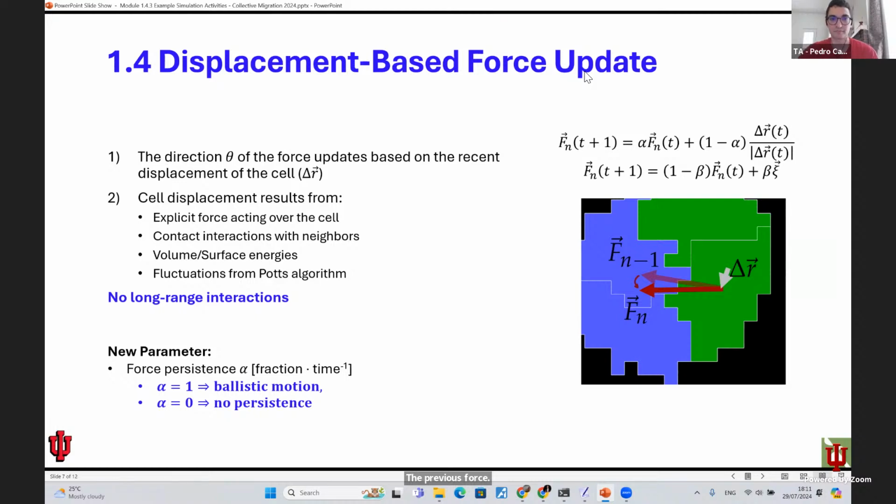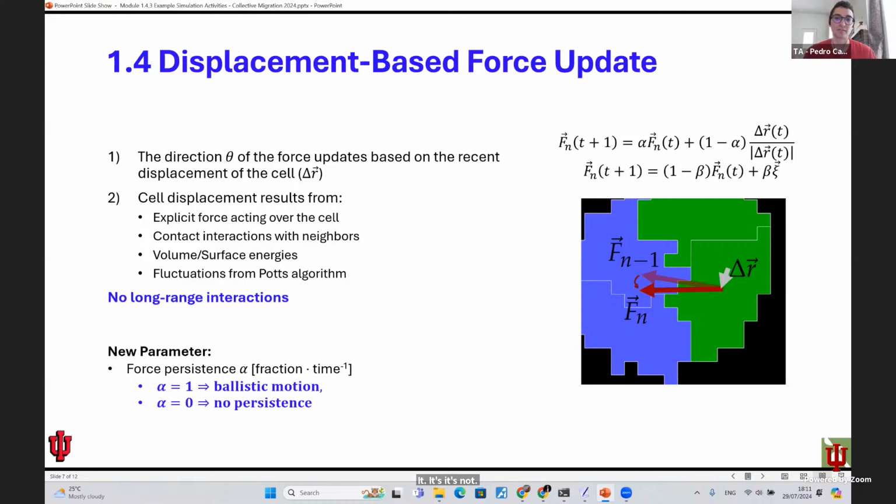You mean Fn minus 1 is the previous force towards that direction, and because the green cell wants to change its direction, the current force is Fn? Yes, the force updates. It's not like the cell wants to move in a particular direction.